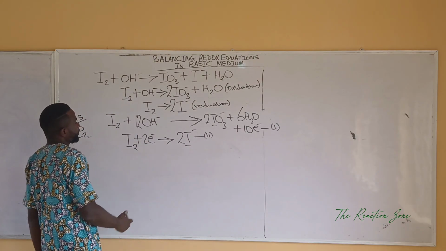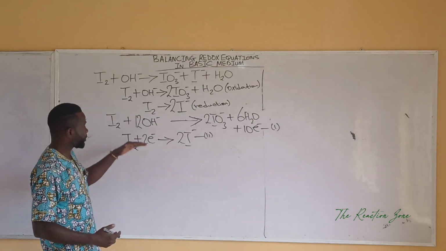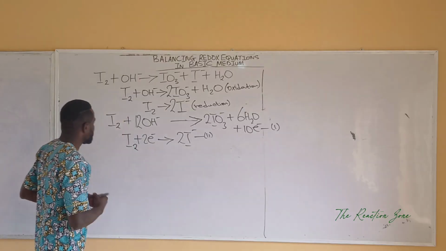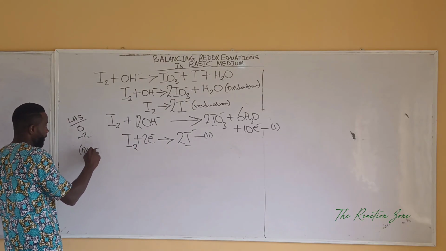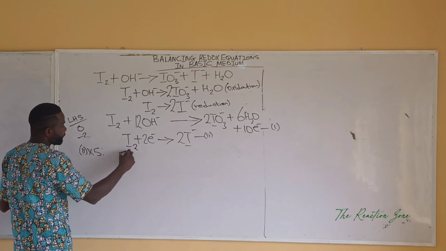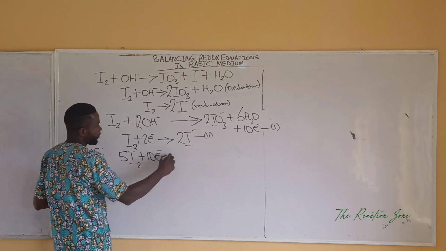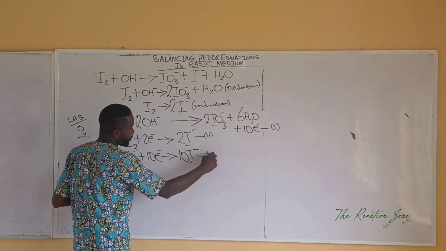So, which means that if I multiply equation 2 by 5, the number of electrons here will become equal to the number of electrons in equation 1. So, equation 2 multiplied by 5 is going to give me 5I2 plus 10e minus to give us 10I minus. This is our equation 2.